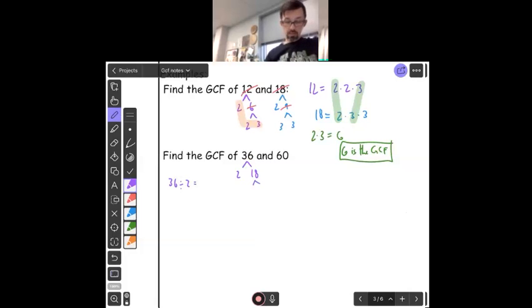Okay. 2 goes in 18 how many times? 9. 9 is not prime, so we need to break 9 down. And 9 goes from 3 and 3. Okay. So again, anything that got broken is gone. So 36 equals 2 times 2 times 3 times 3. I'm going to do the same thing with my 60. Sorry, I need to put that too close here.